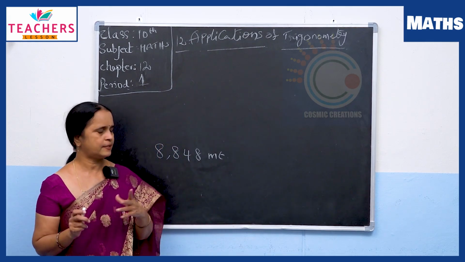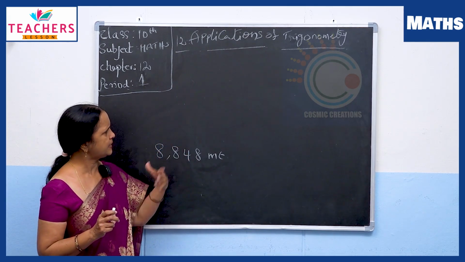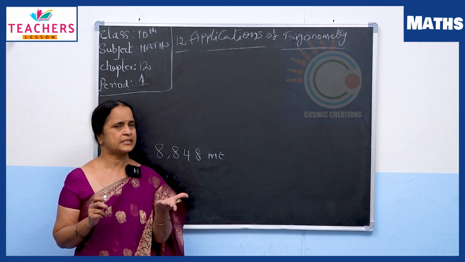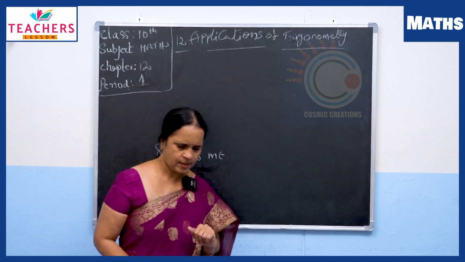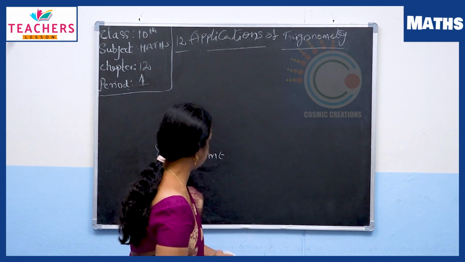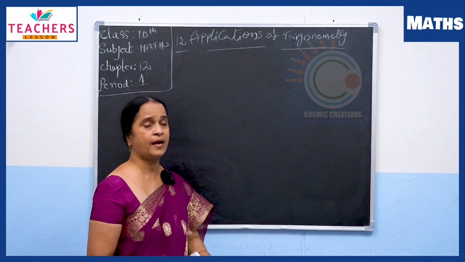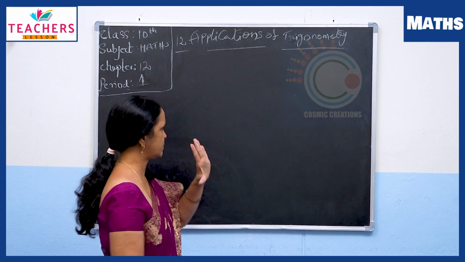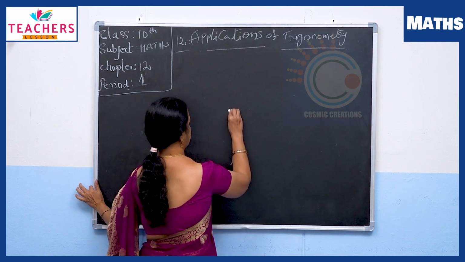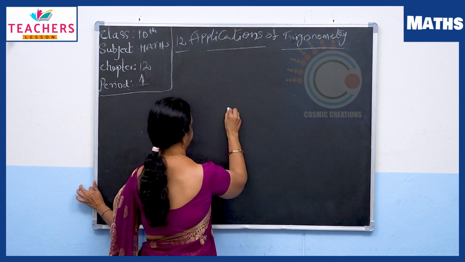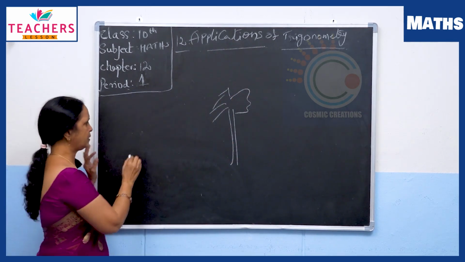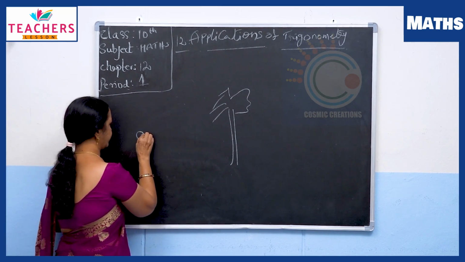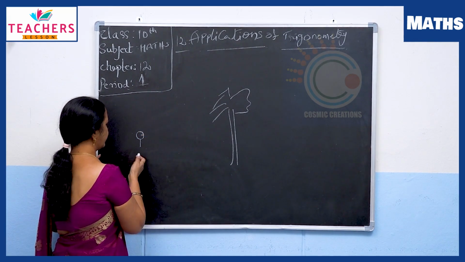Okay, to understand this, I will explain through some examples. One girl wants to find the height of a palm tree. First, a small drawing: this is a tree. One girl is standing here, away from the tree.